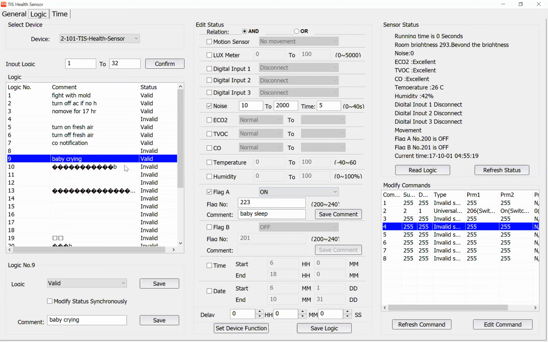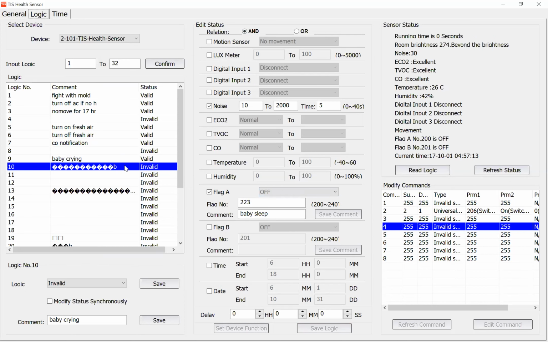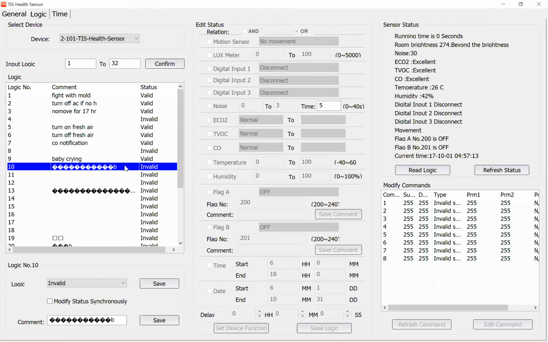And here we can add another flag. Imagine that the parents press on the baby asleep scenario, and in the morning they forgot to turn off the flags. Therefore, here we said baby wake up.